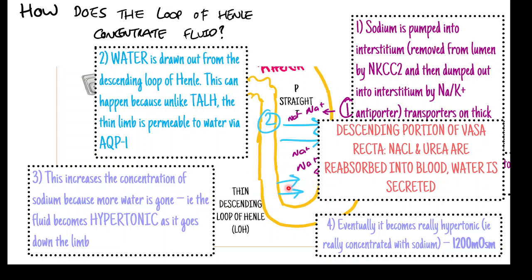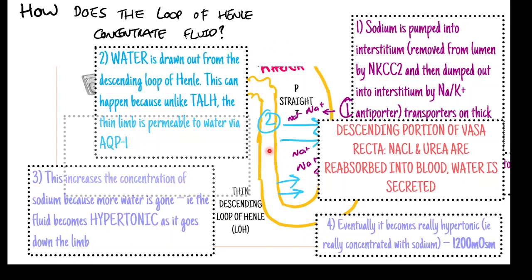Now you have more solutes in your blood here, and you have more concentrated blood, and your ascending portion of the vasa recta wants to become less concentrated by the time it's reached the top here.